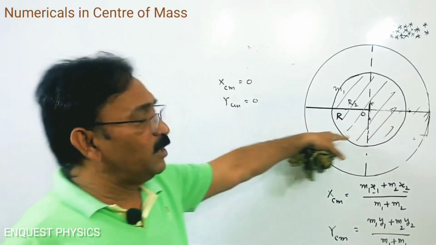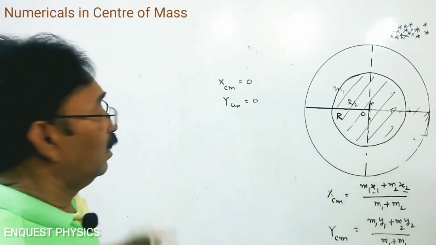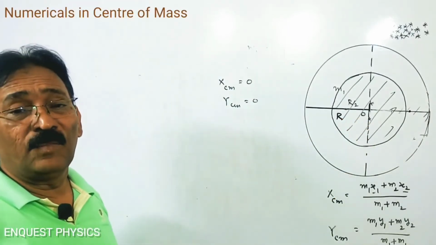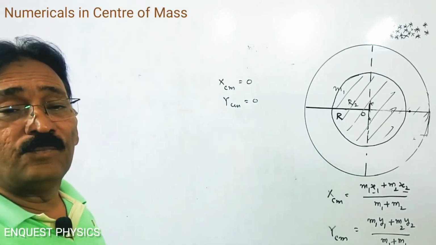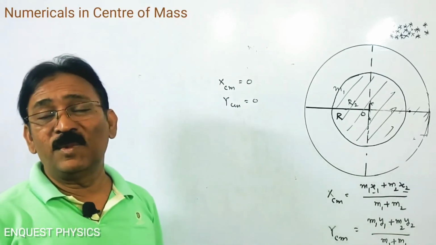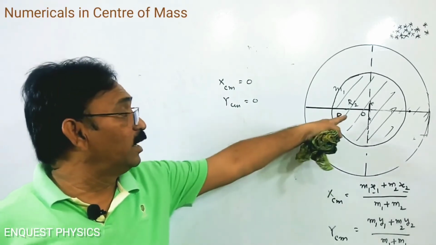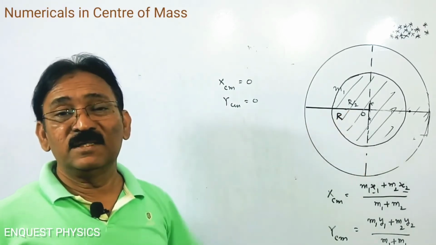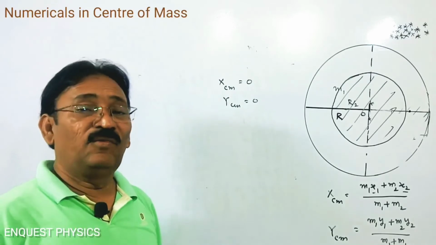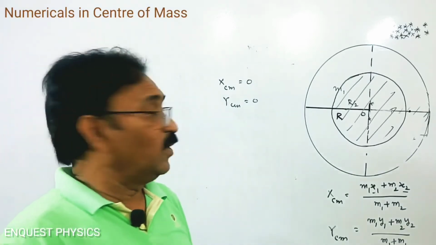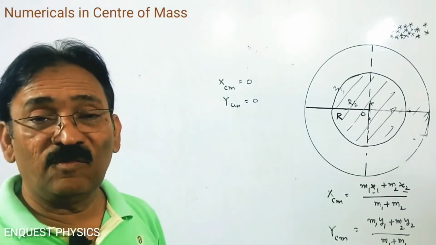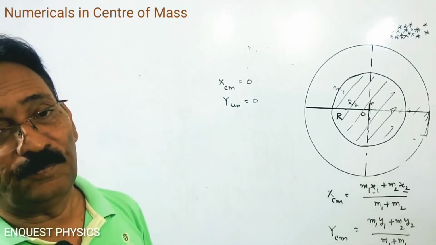If you remove a part from the center, it behaves like a ring, and you have learned that the center of mass of a ring need not be present in the material. The geometrical center or centroid is the center of mass of a ring. That's why the coordinates of the center of mass are equal to 0.